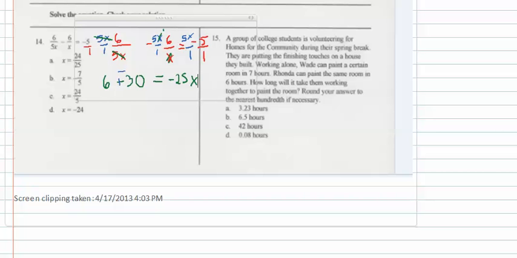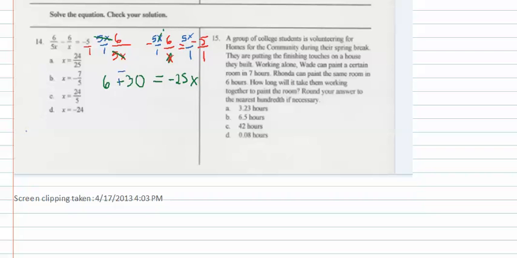So let's go ahead over here and go 30 minus 6, and it's going to be 24, but it's going to be negative 24 is equal to negative 25x.